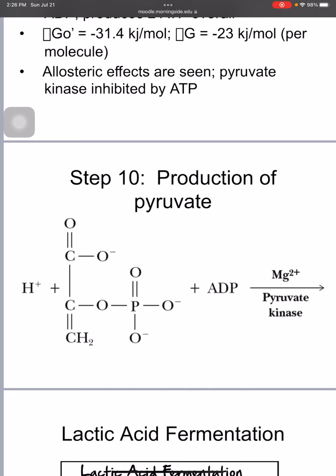We're taking a phosphate away from phosphoenol pyruvate, and in the process we produce a ketone, and we put that phosphate onto ADP and produce ATP. Remember, we have 2 molecules of PEP. We produce 2 molecules of pyruvate and 2 molecules of ATP. So step 10 produces 2 ATPs.